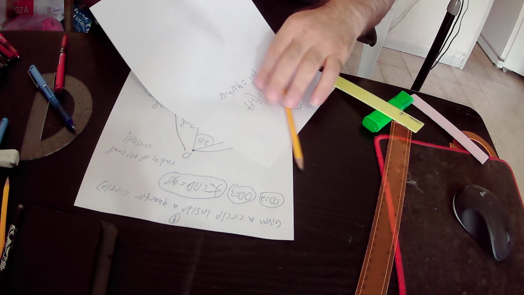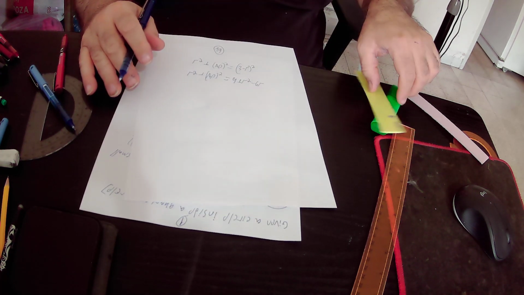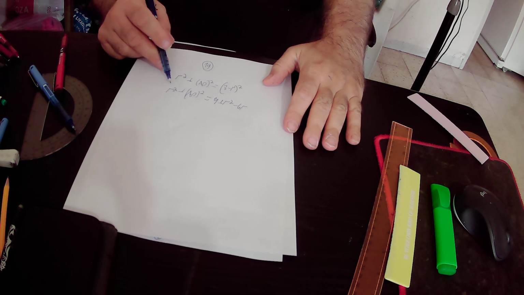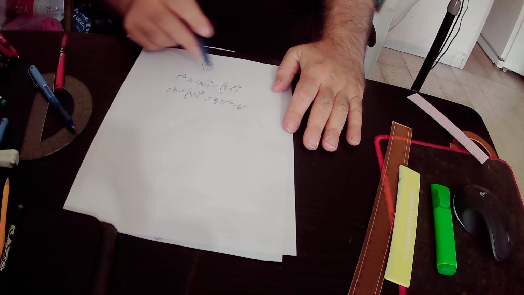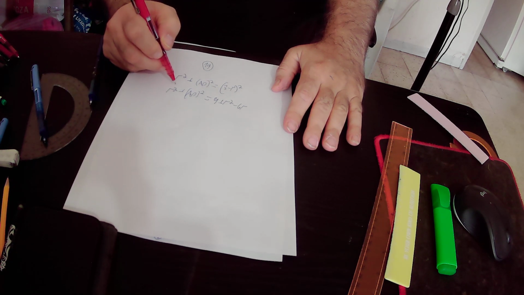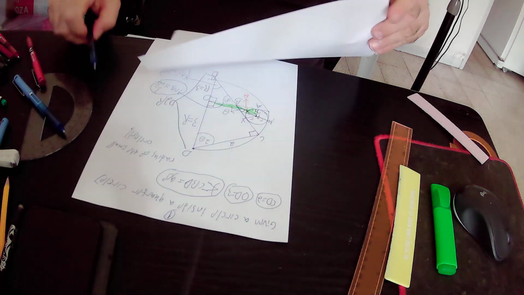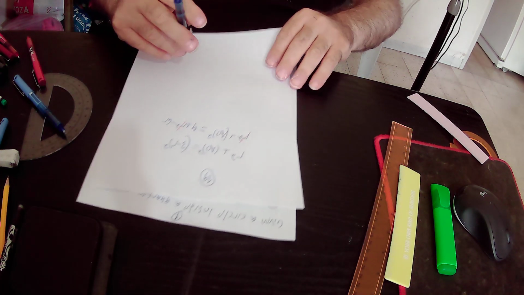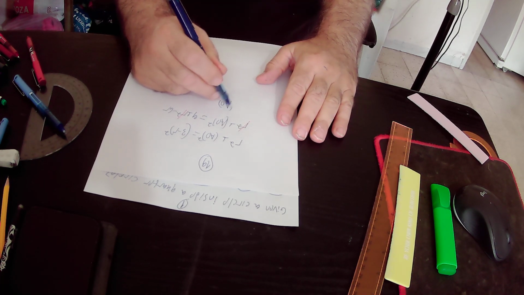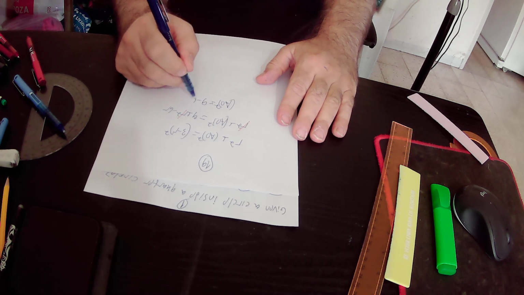We have r square on this side and r square on the other side, so r square gets cancelled. We are left only with AO square equals 9 minus 6r.